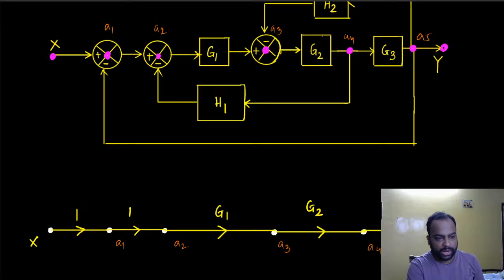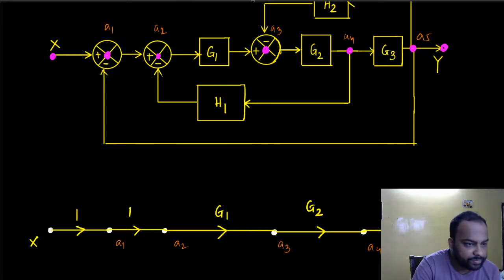A direct connection exists from A4 to A2 with a gain multiplication of H1. So whatever signal comes out of this gets multiplied with H1 and gets fed to A2.